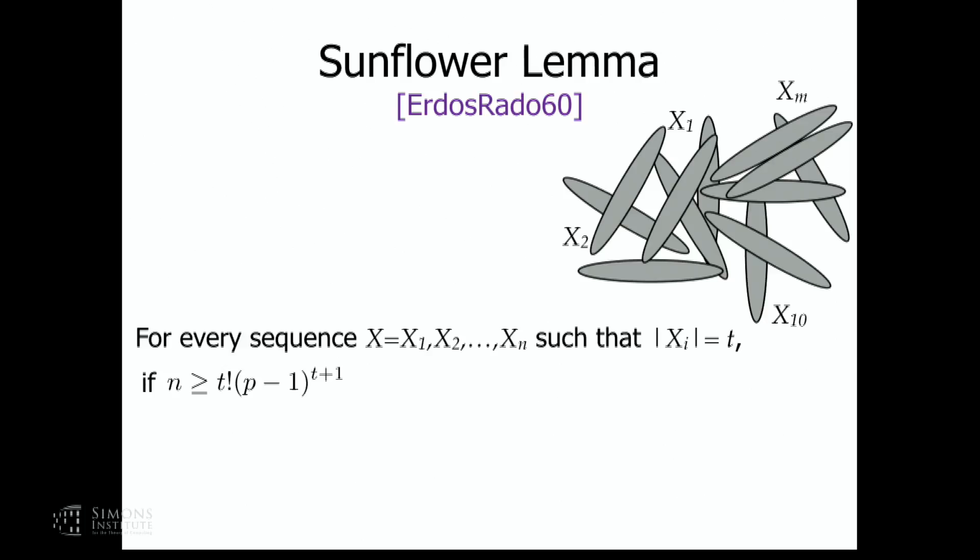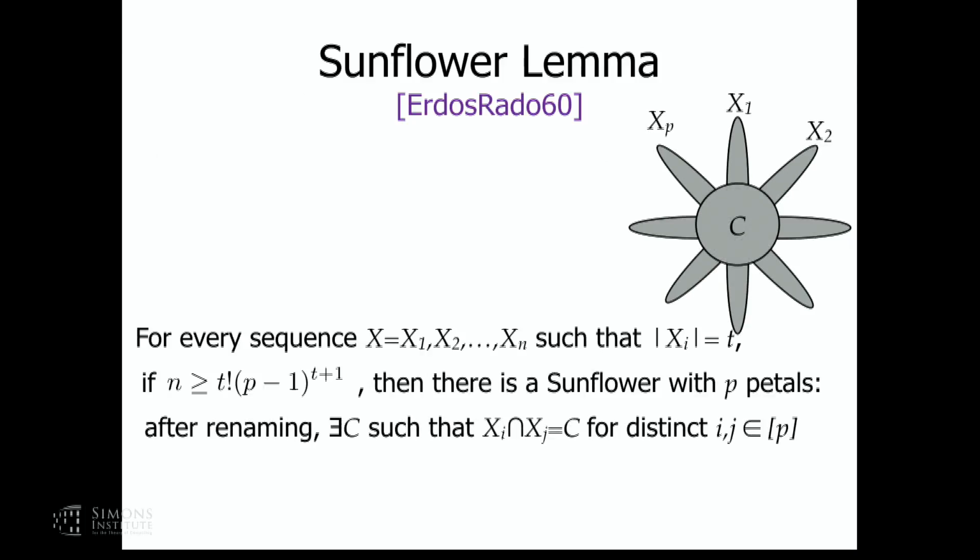Let's start by reminding everyone of what the sunflower lemma is, as this will be the key technical tool that we use. What this says is if you have a sequence of n sets where each set is of size t, and the number of sets is large enough, roughly p to the t, then you can always find a sunflower among them.